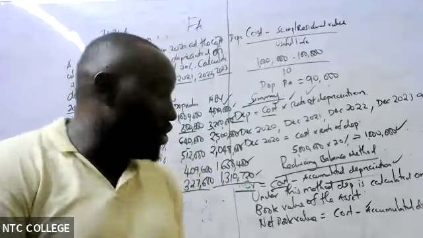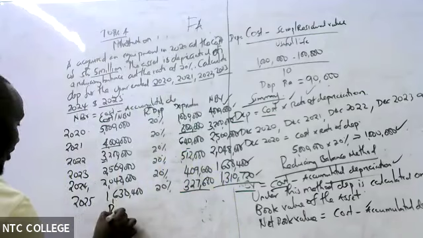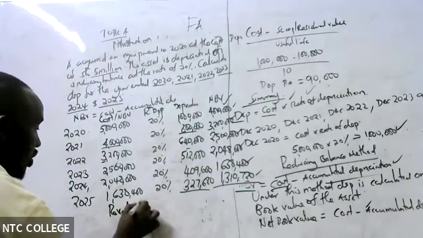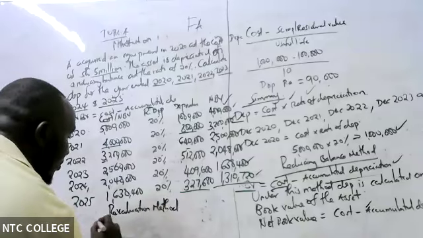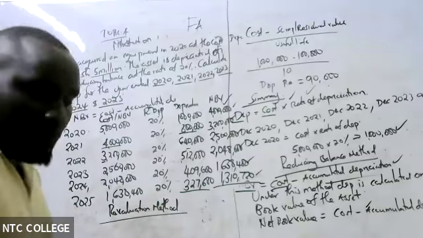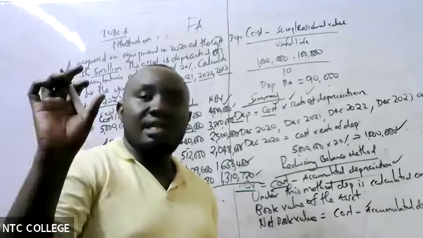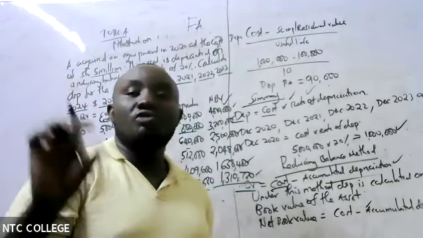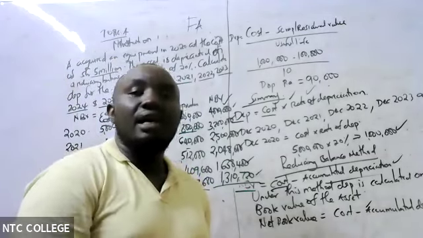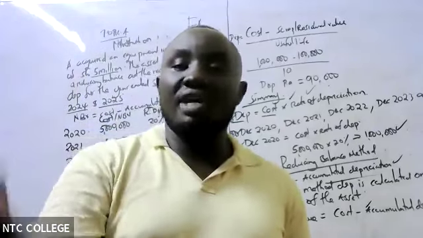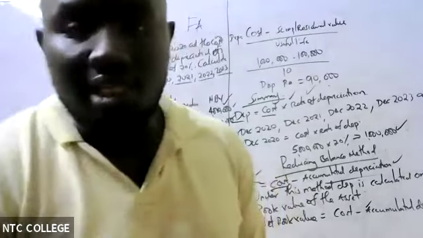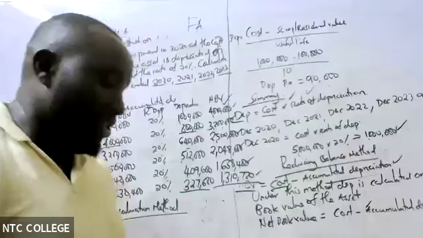One, we call it the revaluation method. On the revaluation method, basically we look at the value of the asset at the beginning of the year, and we also value the asset at the end of the year. The difference between the two is what we call the revaluation method.